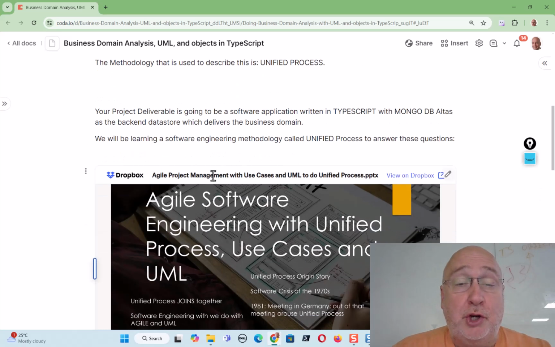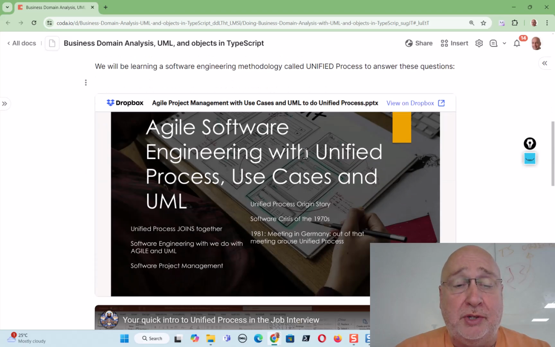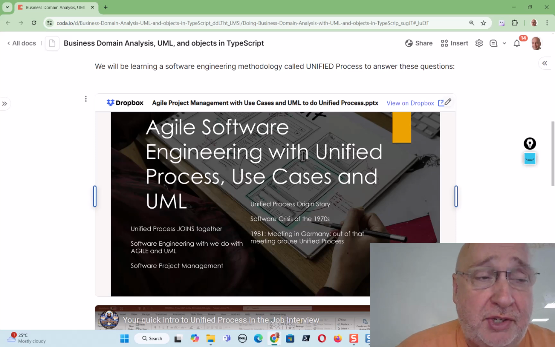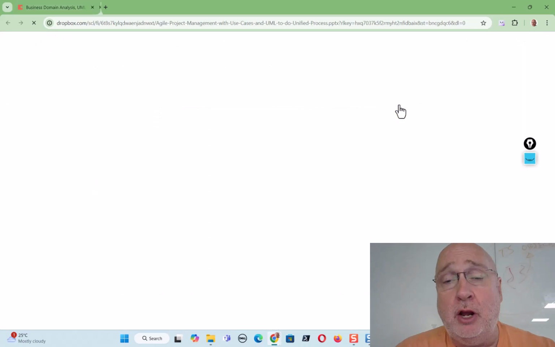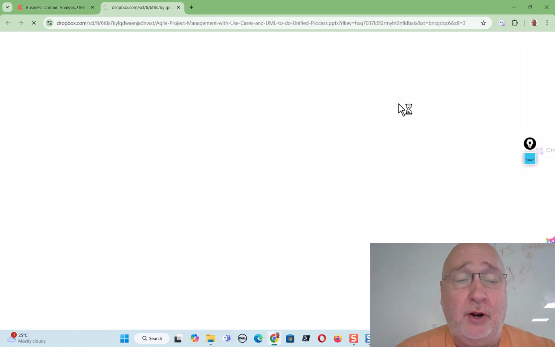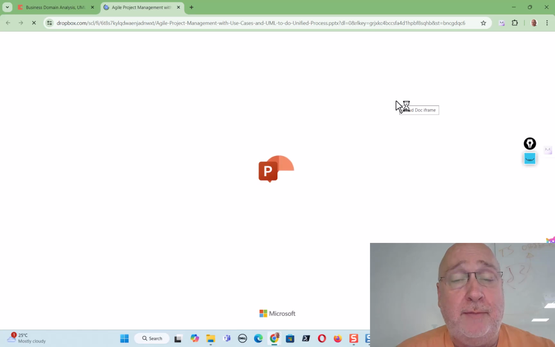So we'll be learning a software engineering methodology called Unified Process to figure out how to do this. So for next week, you all have this workbook. So please read this PowerPoint. I'll be talking about this next week, but it's fairly in-depth. And if you do a little bit of pre-reading on it, you're going to be way far ahead.